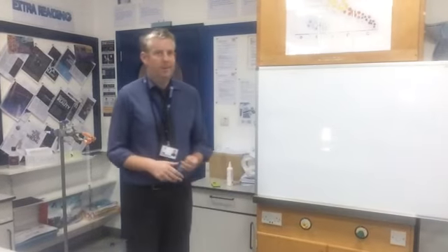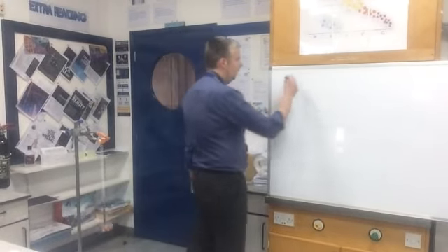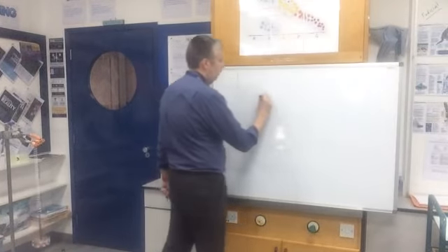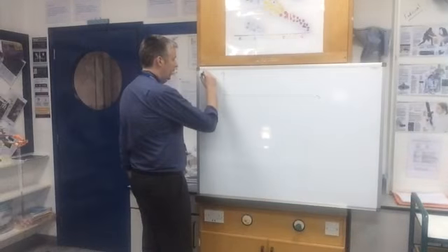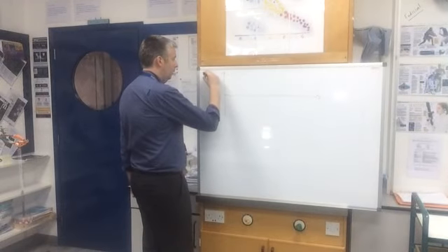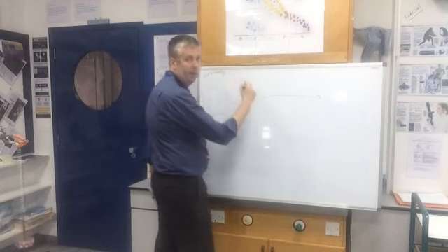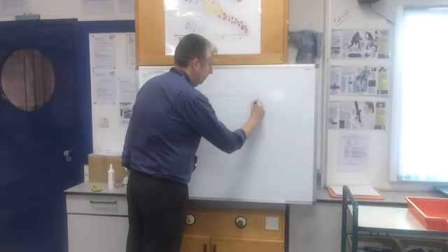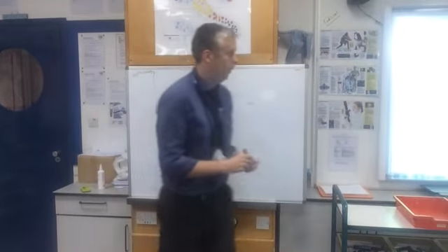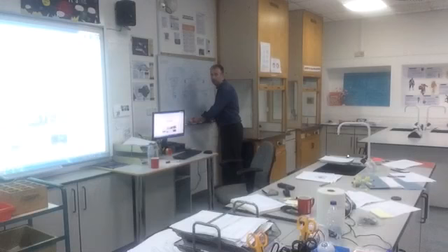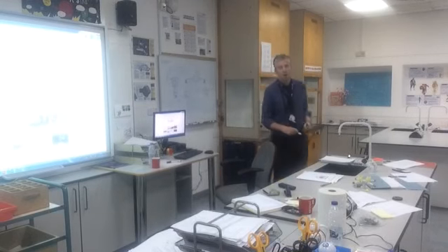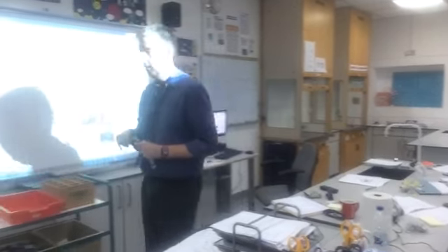If I move on to the next slide, this is what you should have seen when you looked at the tracker software. So you should have seen displacement and time. And I'm just going to get another colour pen so that I can highlight some different things that happen on the graph.